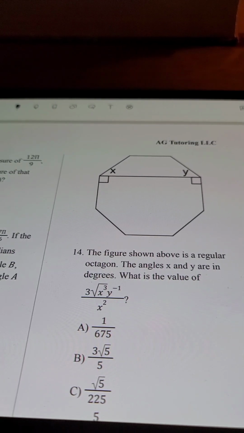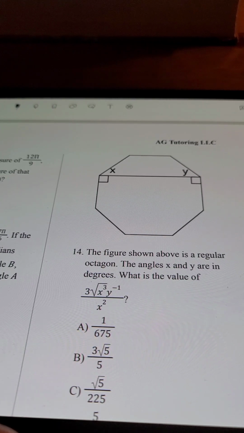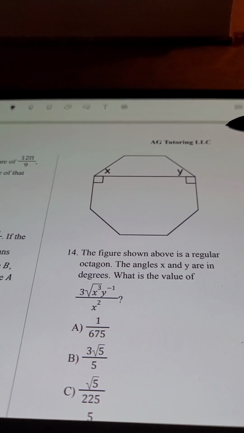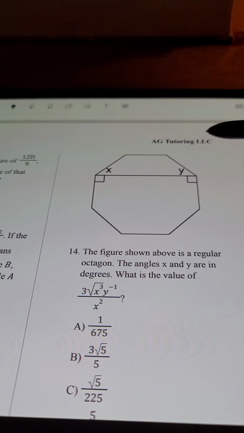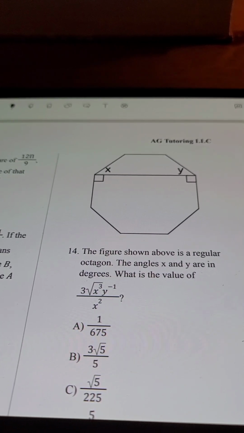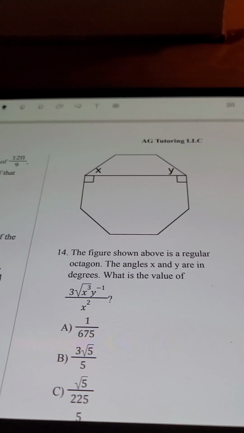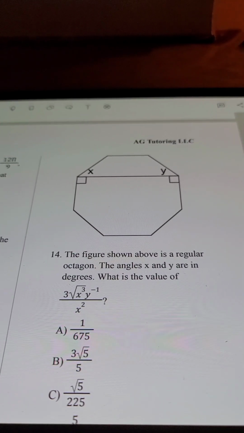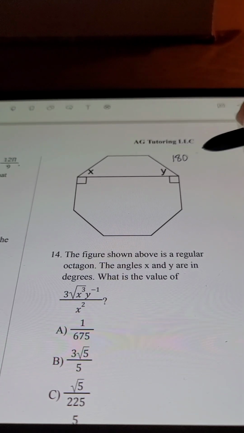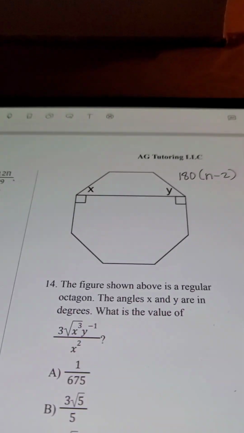We know that this is an octagon because it has 8 sides, and we know how to find the interior angle, what one interior angle of a polygon is, with our formula. If you're not familiar with it, it's on the formula sheet in, I believe, chapter 4. But basically it's 180 times n minus 2 that gives you the sum of all the interior angles.